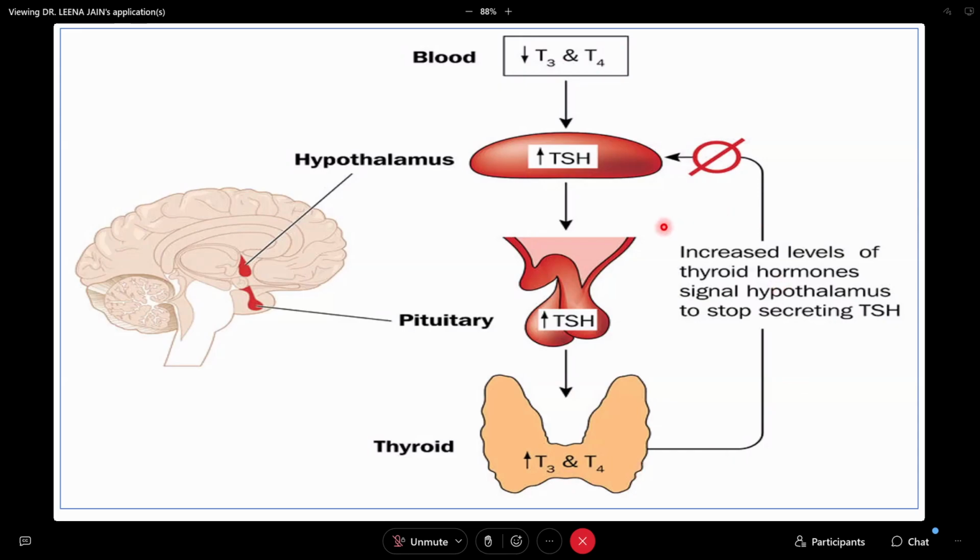So if TSH is high, the brain will take over the action and that will lower the T3 and T4 secretions. And when the TSH is low, that will create a feedback action in the brain and raise the T3 and T4 levels. So there is an inverse relationship between the TSH level and T3, T4 levels.